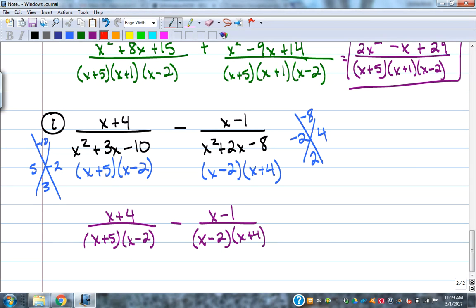Now, what does the first fraction need? It's got the x minus 2. It's got an x plus 5. It doesn't have that guy, so it's got to have an x plus 4. So the top gets another x plus 4. What does the second fraction need? It's got an x minus 2. It's got an x plus 4. It doesn't have this guy, the x plus 5.